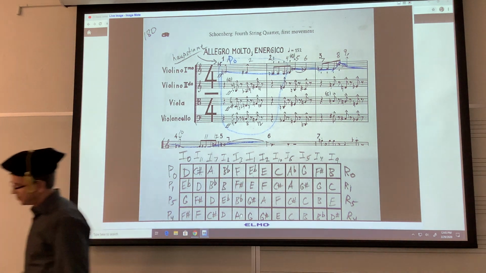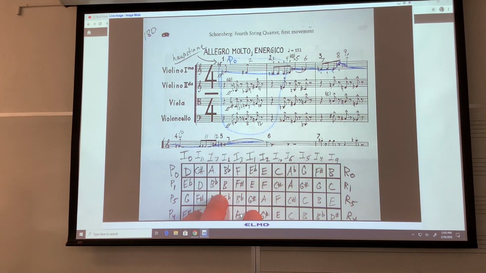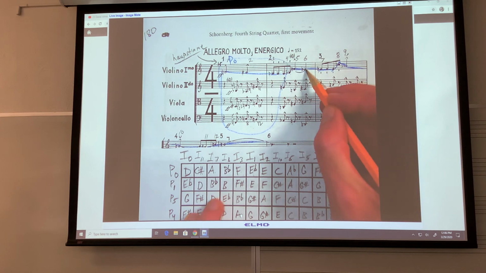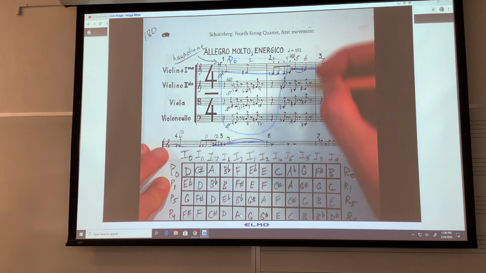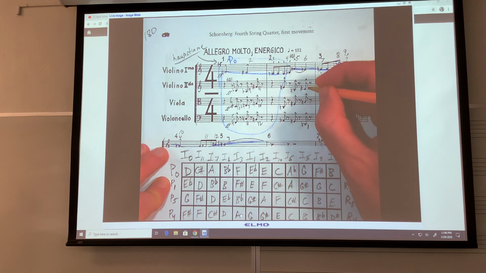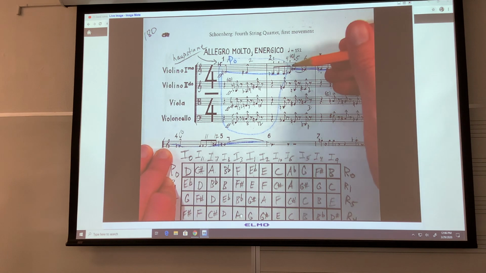Let's keep going. Here we have notes 4, 5, 6, and check it out. Here is 1, 2, 3 there. So we have 1, 2, 3, 4, 5, 6.